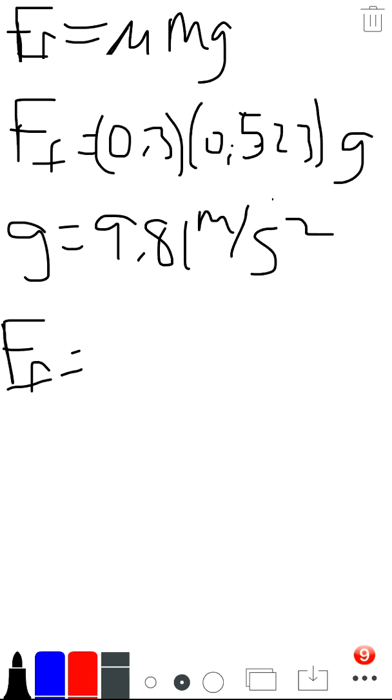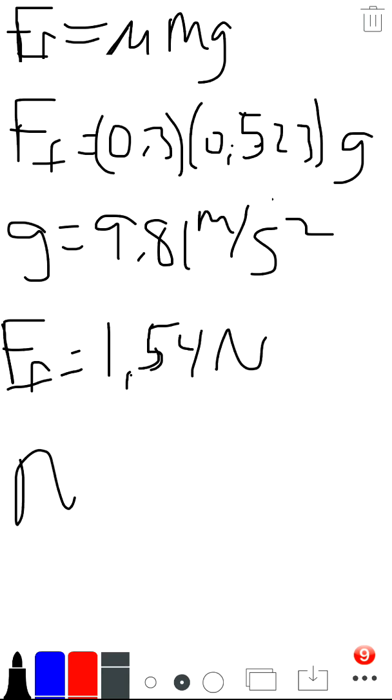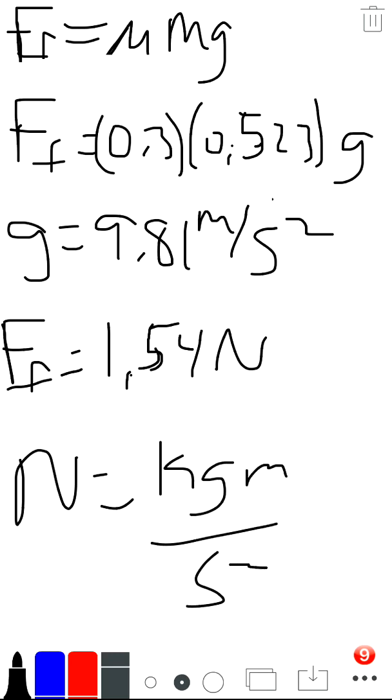So plugging those numbers in, we get 1.54 newtons. A newton is equal to a kilogram meter per second squared. So in this case that worked out perfectly.